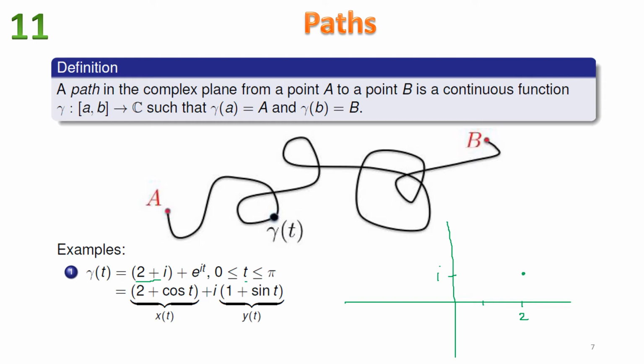Now on this point, we are interested in drawing a half circle of radius 1, which rolls from this point to this point.